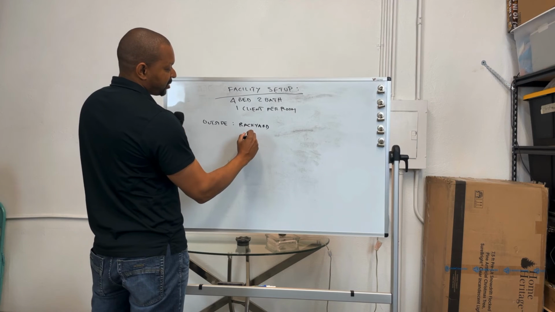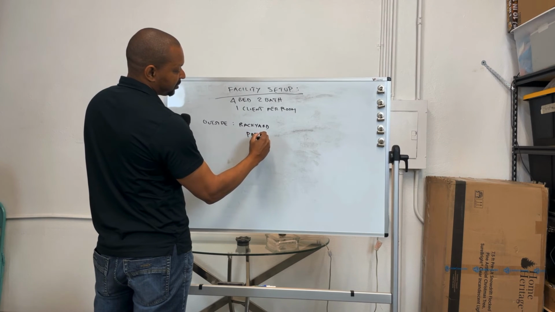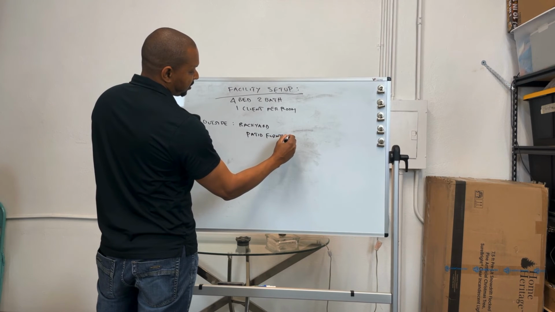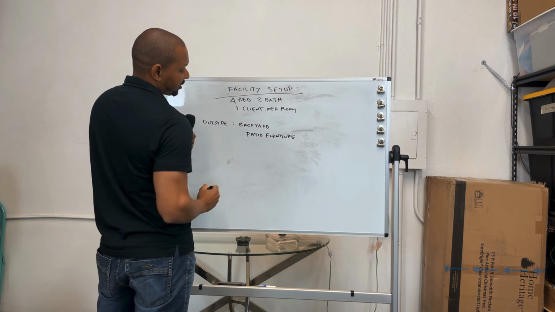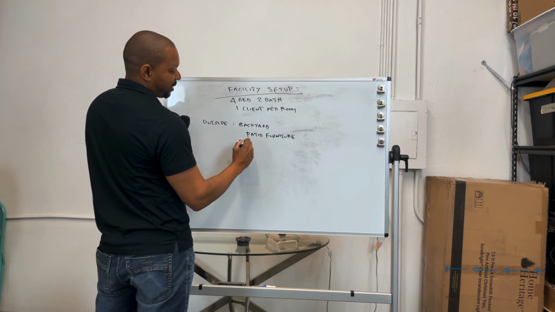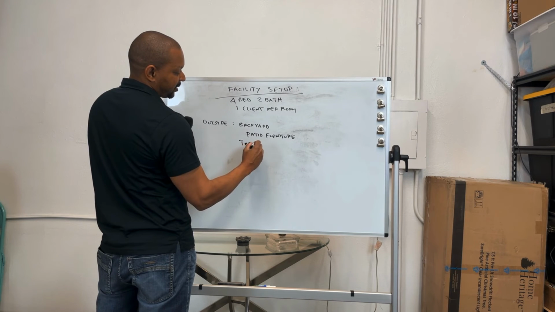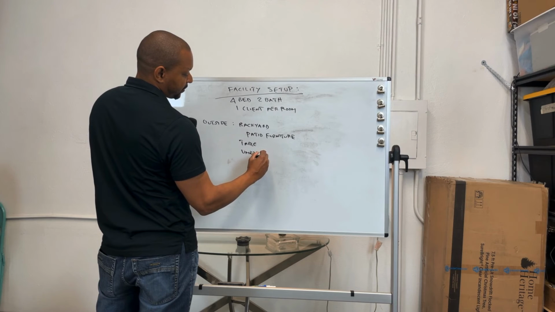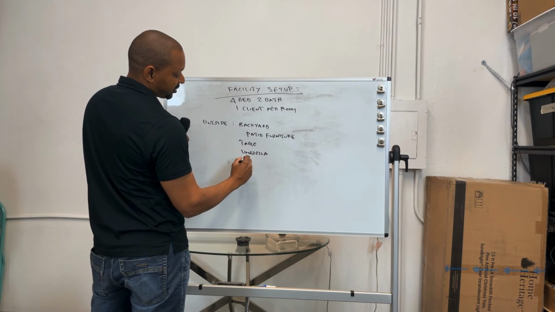In the backyard, you need patio furniture. So let me be more specific. You need a table, an umbrella, and you need about 6 chairs.